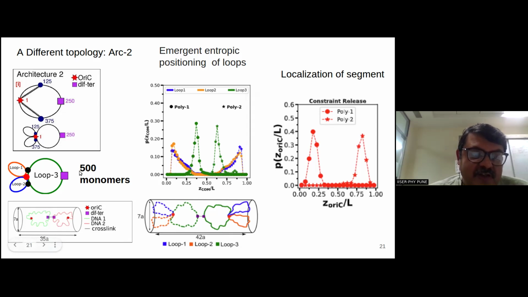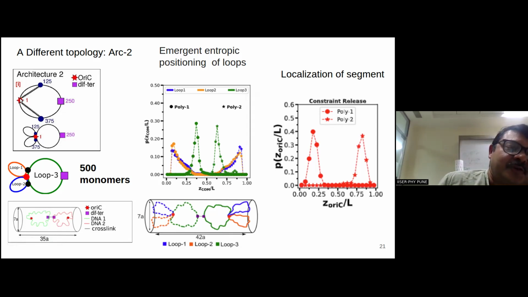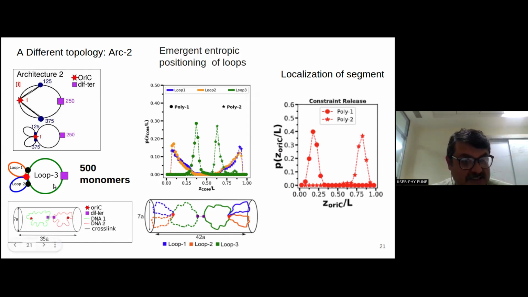So here you have 500 monomers. The first monomer is connected to the middle of the left arm, or whatever, right arm. In the middle of this arm, the 125th monomer, there are 250 monomers in this arm and 250 monomers in this arm, 500 monomers in each polymer. So in total you have 1000 monomers, 500 for this, 500 for this.